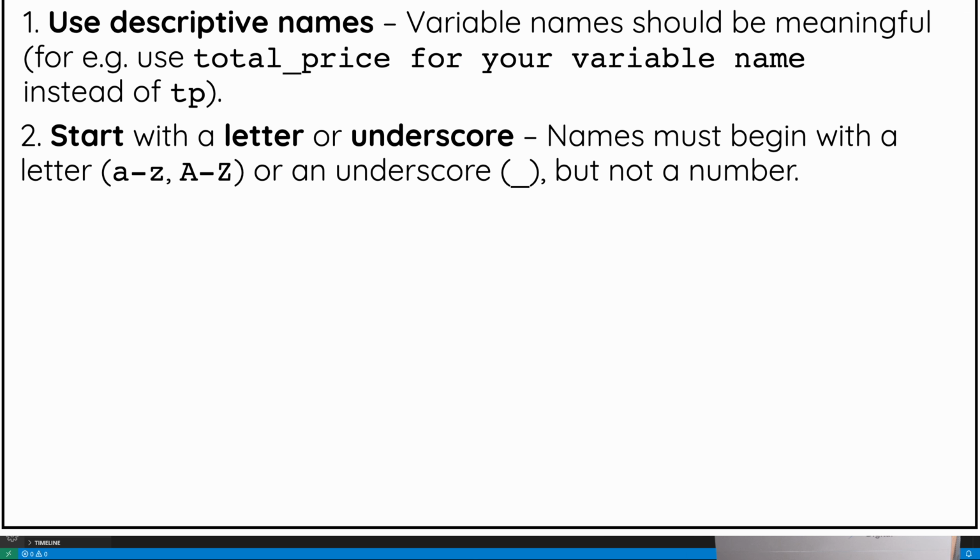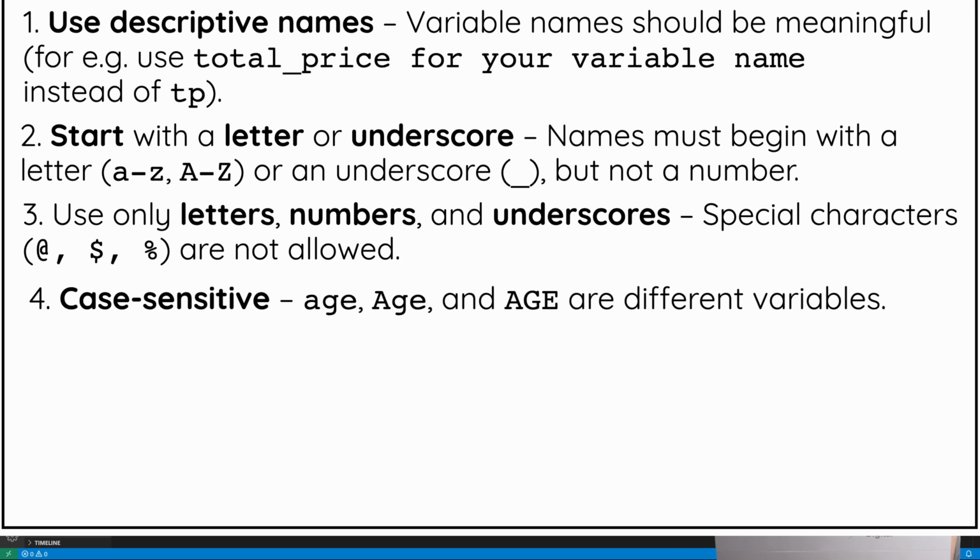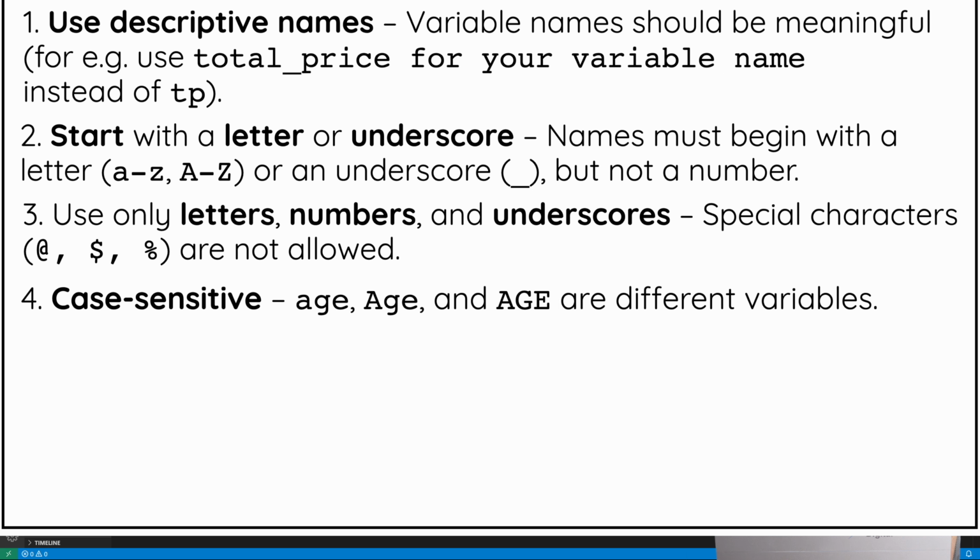Names must begin with a letter, so lowercase a to z, or uppercase A to Z, or an underscore, but not a number. Use only letters, numbers, and underscores. Special characters like @, the dollar symbol, or percentage symbol are not allowed. Variables in Python are case sensitive, so age and Age are different variables.